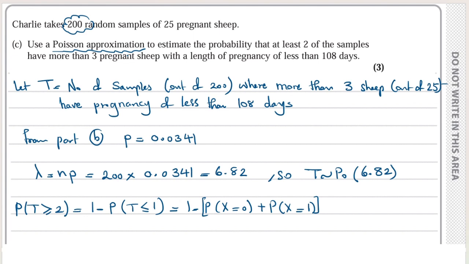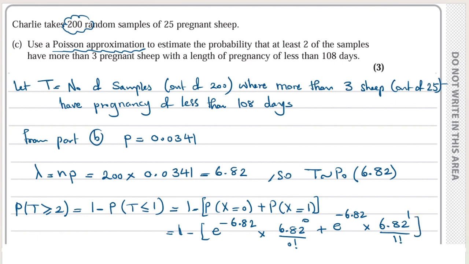Here I'm using the formula, and I'll get 1 minus, so the formula for Poisson distribution is e to the power minus 6.82 times 6.82 to the power 0 over 0 factorial, plus the probability of x equals 1, which is e to the power minus 6.82 times 6.82 to the power 1 over 1 factorial.